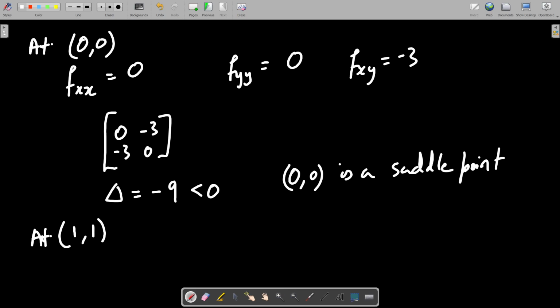at (1, 1), what will we get here? At (1, 1), fxx becomes 6, fyy also becomes 6, right? So we'll get 6, 6, minus 3, minus 3.